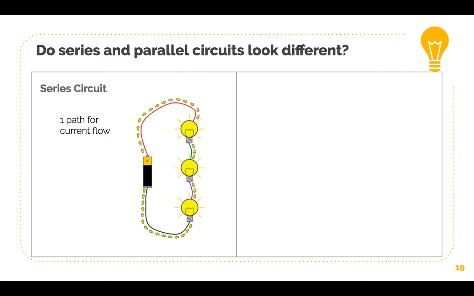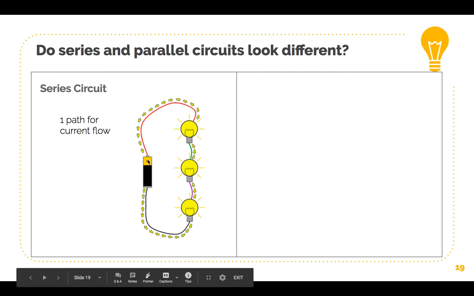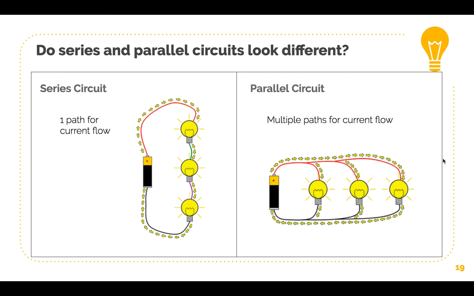In a series circuit, there's only one path for current flow. So you see here in this circuit, we just have a battery and 3 light bulbs. And you see that there's only one path, if you follow the arrows, for current to flow through the circuit. In a parallel circuit, there are multiple paths for current to flow.